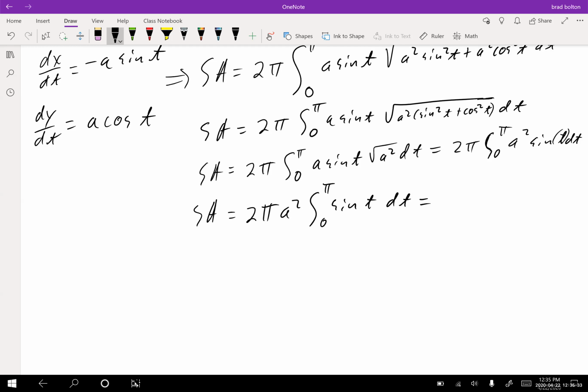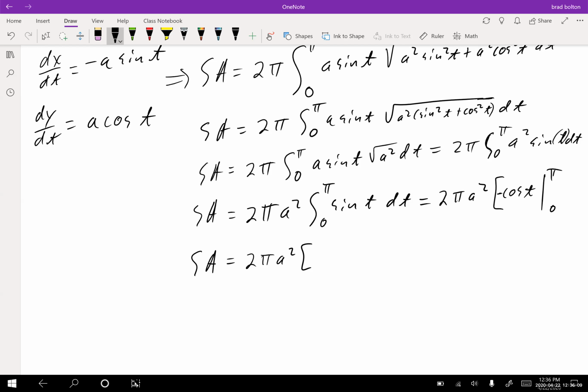Okay, so we are now left with 2 pi a squared times the integral from 0 to pi of sine of t, which we can integrate now and it becomes negative cosine of t from 0 to pi. Now, if I wanted, I could take that negative out, but I don't even care, I'll just leave it 2 pi a squared.